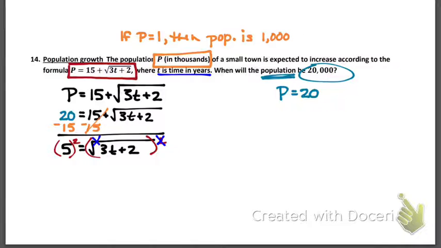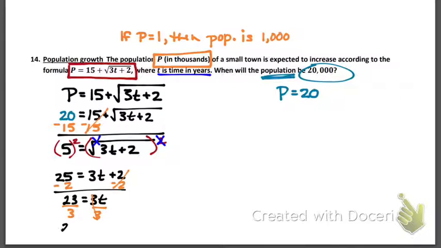Squaring and square rooting cancel out on the right. So I have 25 equals 3t plus 2. Subtract 2 from both sides. I get 23 equals 3t. Divide both sides by 3, and that's not a whole number.